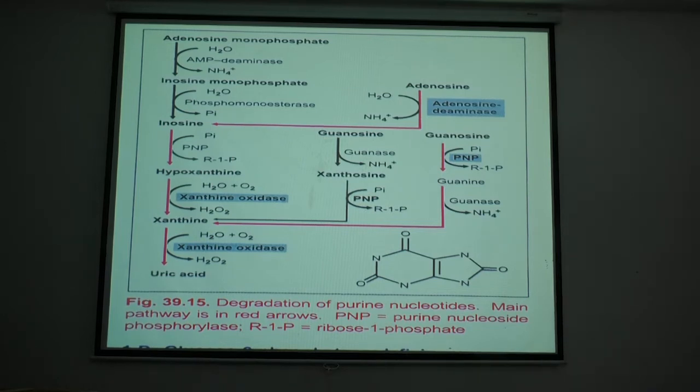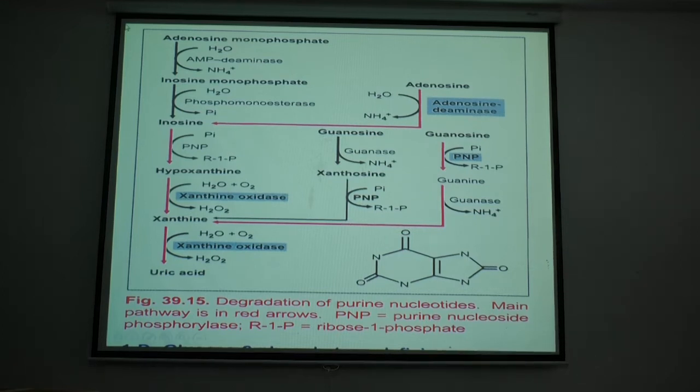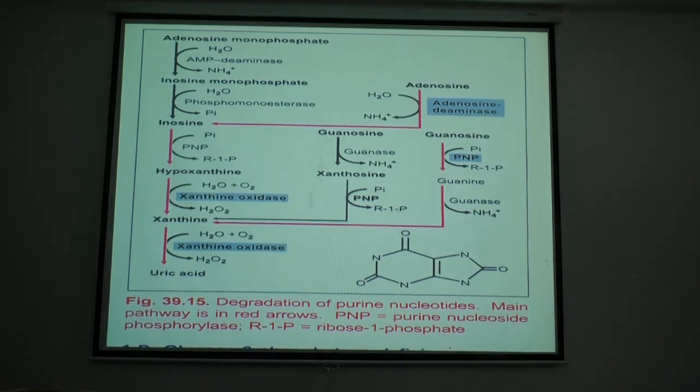In this reaction, inorganic phosphate will be removed; the monophosphate is removed, leaving only inosine. That inosine is converted to hypoxanthine by the help of the enzyme purine nucleoside phosphorylase. Here ribose 1-phosphate will be removed.